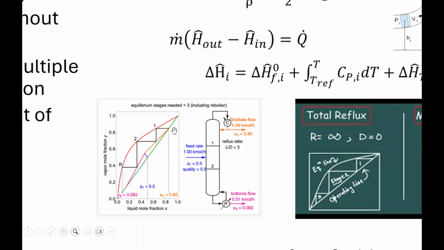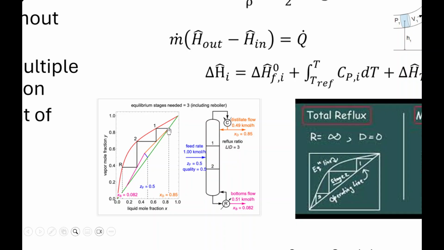So from this point you start the mass balance line for the distillate part, and from this point the mass balance line for the bottom part. When you make this structure like this, then you start from this point and you make these lines.